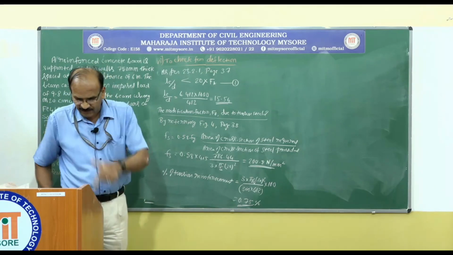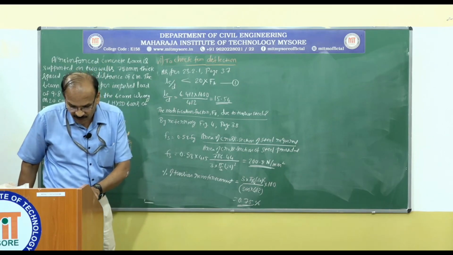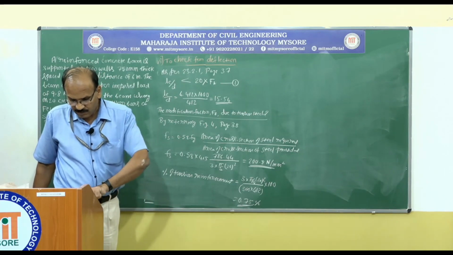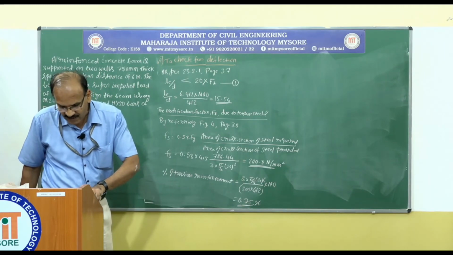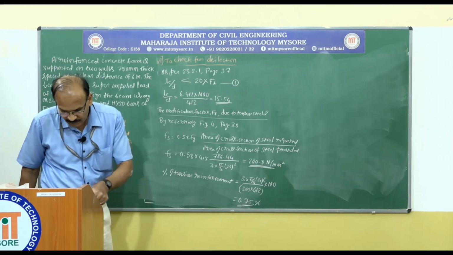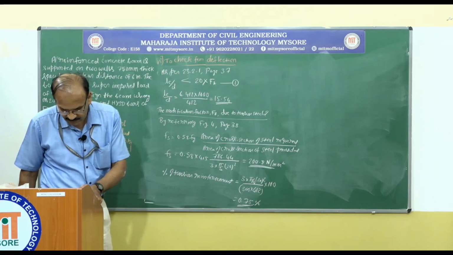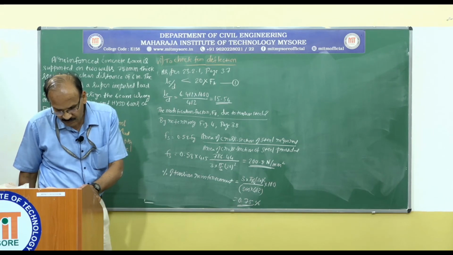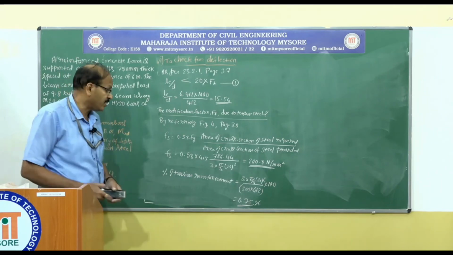By referring to the graph, figure 4 on page 38, for 0.75% of tension reinforcement, if you go up for Fs value of 200.8, I am going to get the value of modification factor equal to 1.25.